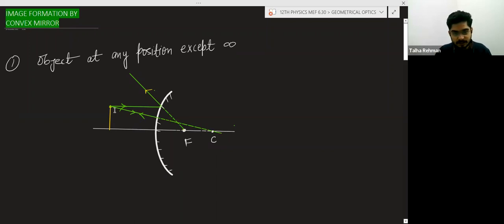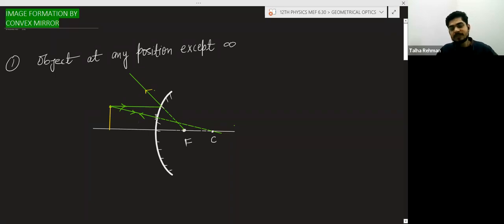This is the first incident ray from the object, and this is parallel to the principal axis. And when a ray is parallel to the principal axis, so it will reflect it like this. After reflection, when you will produce this ray backward, it will meet to the focus. Okay, another ray which is going toward the center of curvature, here reflection will take place in between because there is a mirror.